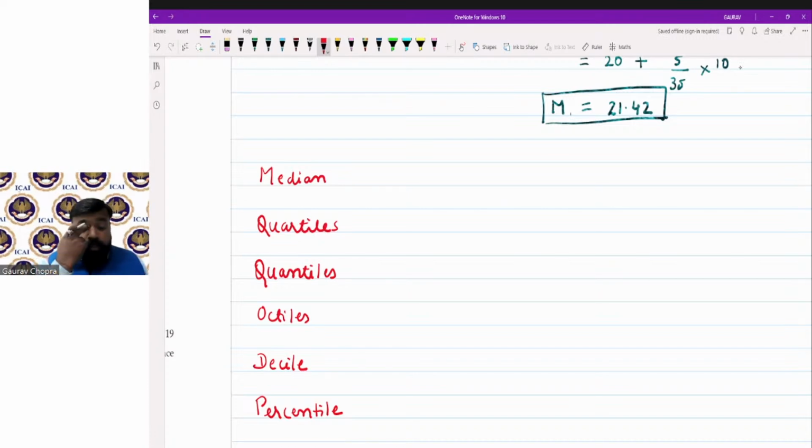Great, perfect. So all these are the positional values: median, quartile, quantile, octile, decile, and then percentile. How many parts are there in median?